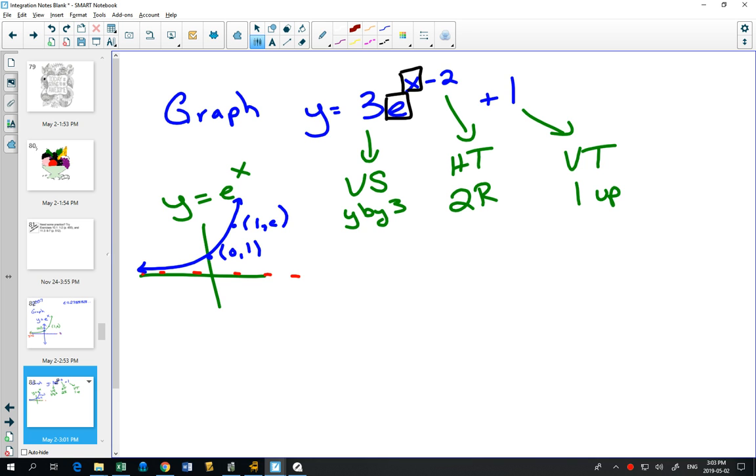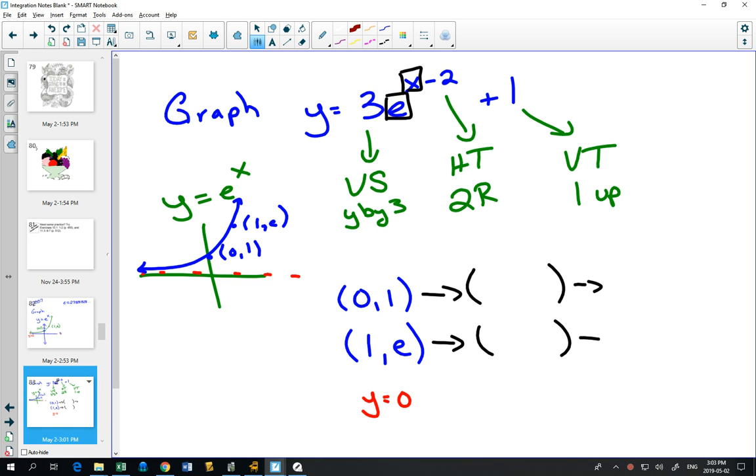So we can take our key points. On our original graph, we had 0, 1, and 1, e, and the asymptote y equals 0. Stretches and compressions first, then translations. We only have the 1 stretch, so we only have to multiply y by 3.